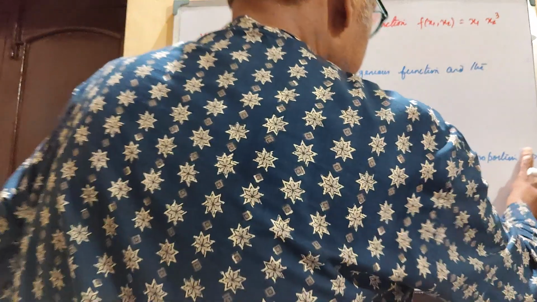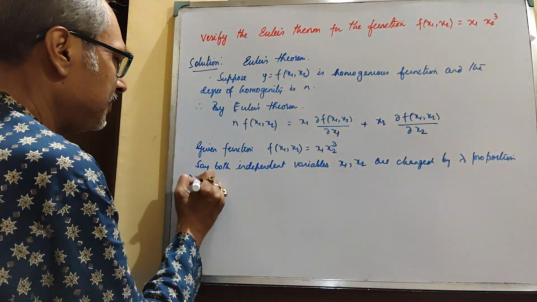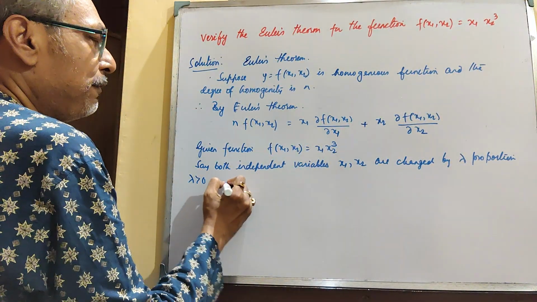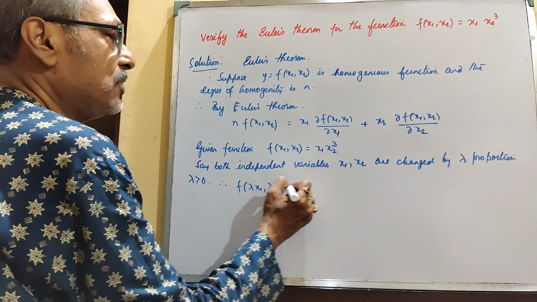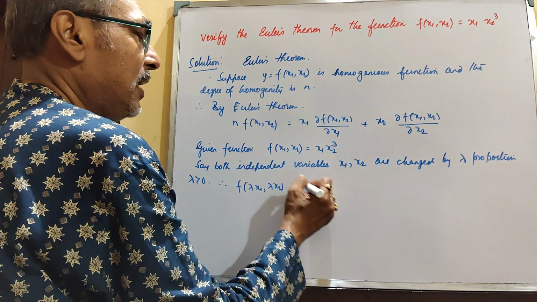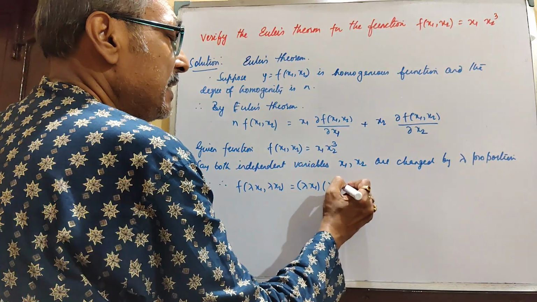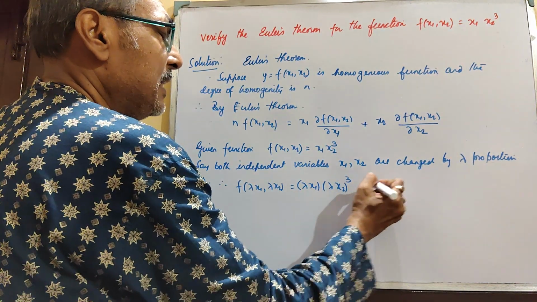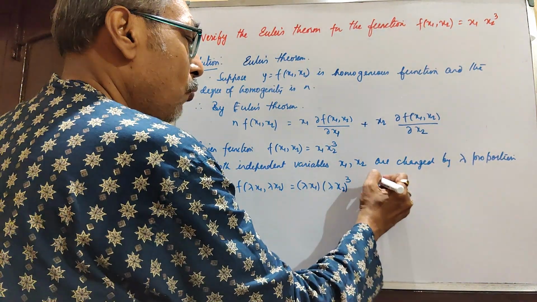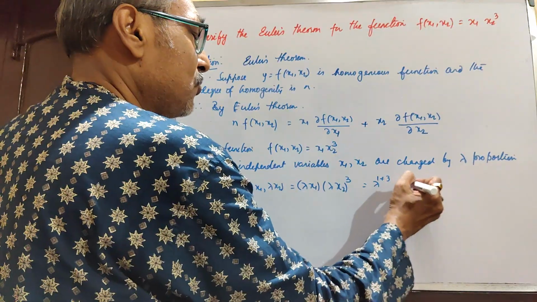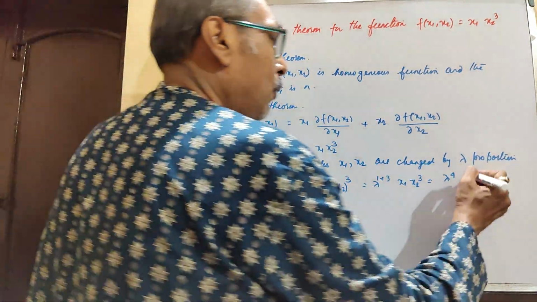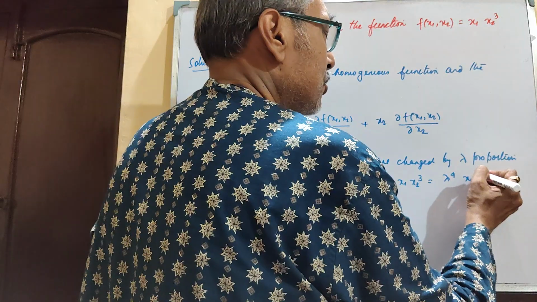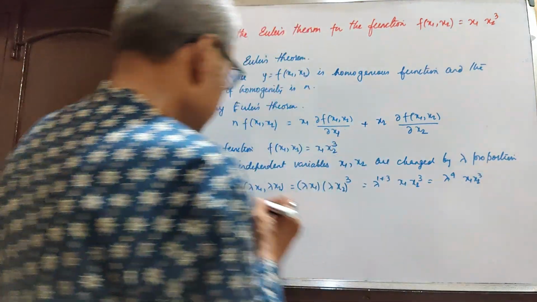Therefore, f of lambda x1 comma lambda x2 is lambda x1 into lambda x2 whole cube. This becomes lambda to the power 1 plus 3 times x1 x2 whole cube, that is lambda to the power 4 x1 x2 whole cube.